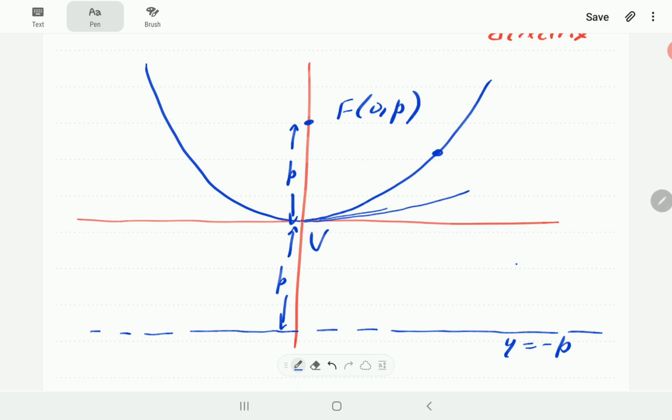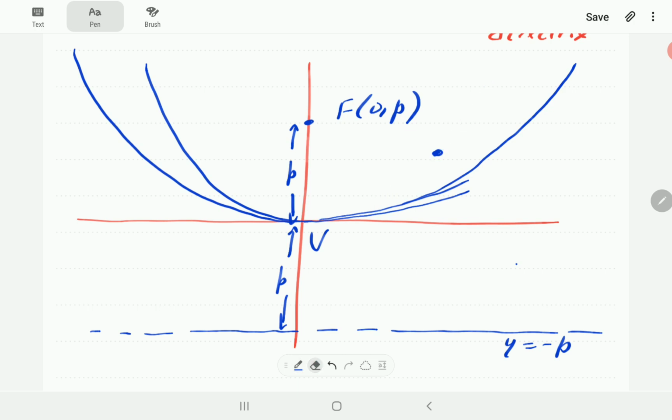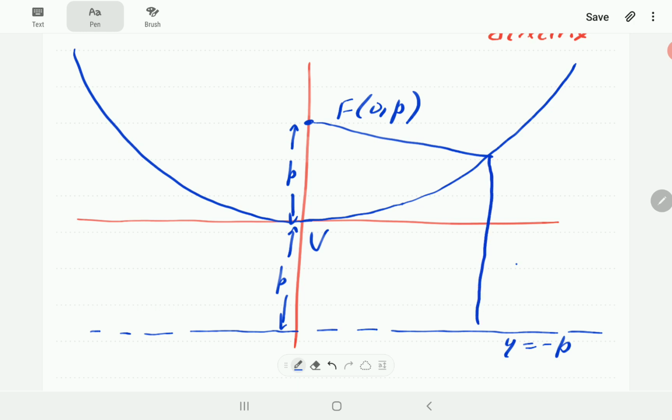Now if we take a random point on the parabola, it looks like my sketch should be something a bit more like that, although of course this is a sketch, it's not to scale, but I'm just trying to make sure that these distances at least look equal. So this distance must always be equal to that distance there.